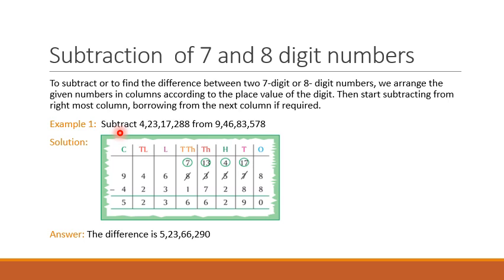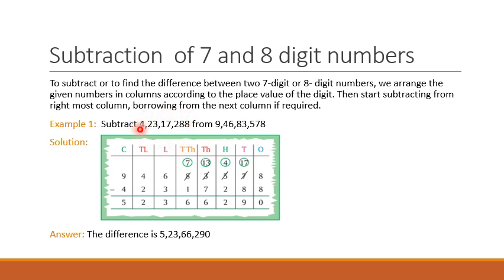So subtract 4 crore 23 lakh 17,288 from 9 crore 46 lakh 83,578. So here the question is given, subtract this number from this number. That means this number is to be subtracted.